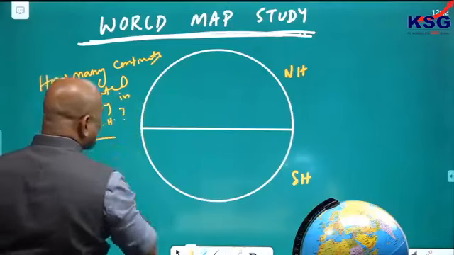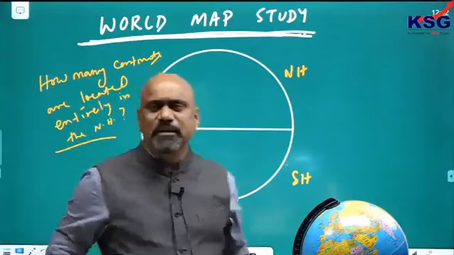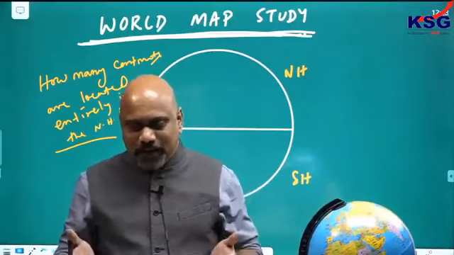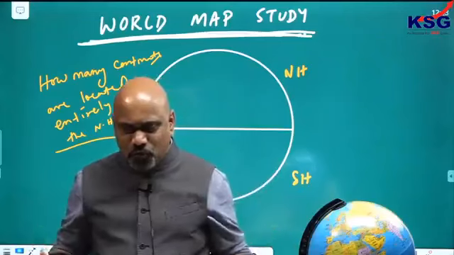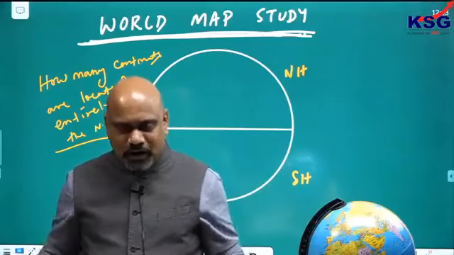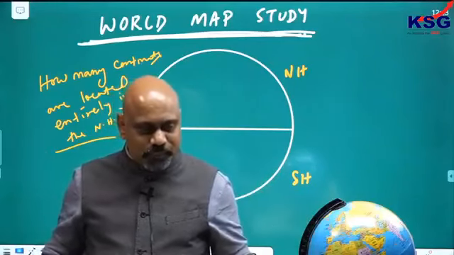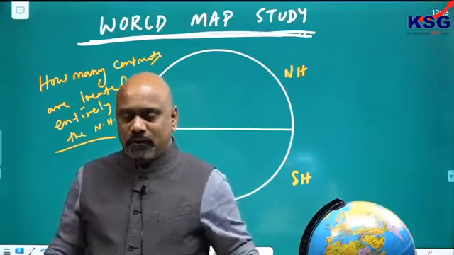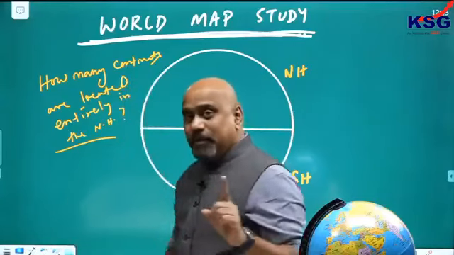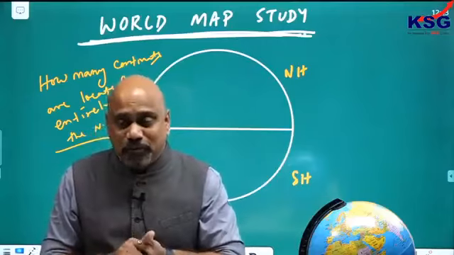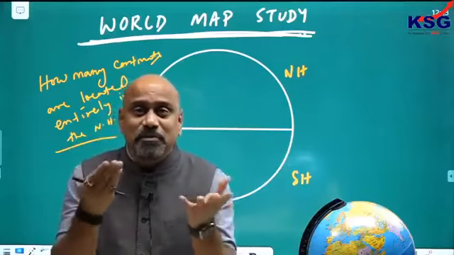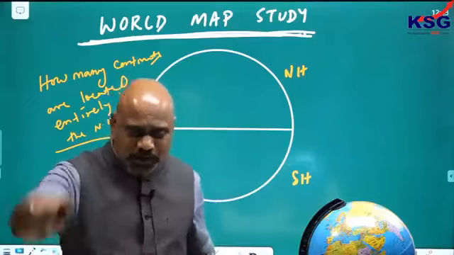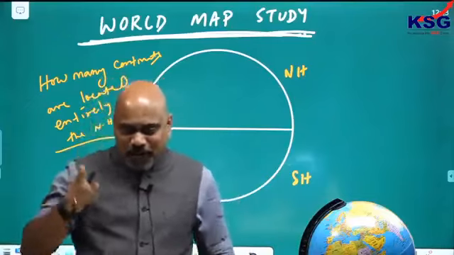Why I am asking this, many times we don't look carefully. I see your answers: 5, 6, 4, 4, 4. Believe me, this is such a very simple question. Some of you must be thinking, sir, such a simple question, why are you asking? But let me tell you, all your answers are wrong.